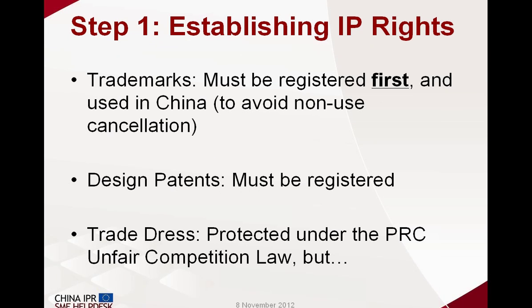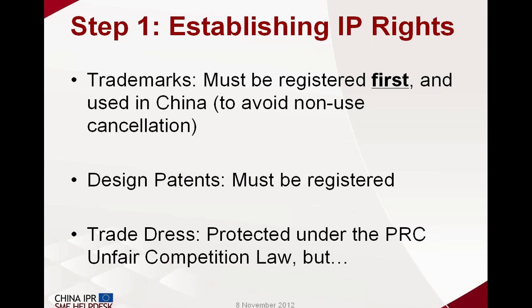A product which very much looks like your product due to the appearance, for example, of the packaging or the labeling. That is a very different and quite difficult kind of intellectual property right to protect, because in the Chinese legal system, this cannot be registered. The only way that you can protect trade dress is under the unfair competition law, basically saying that if one party takes advantage of something that you have created, that's unfair competition, and you can take action against him.